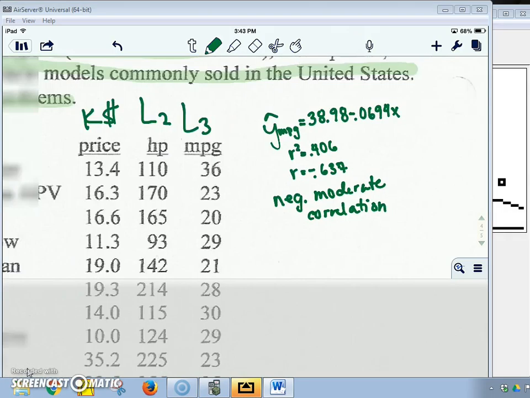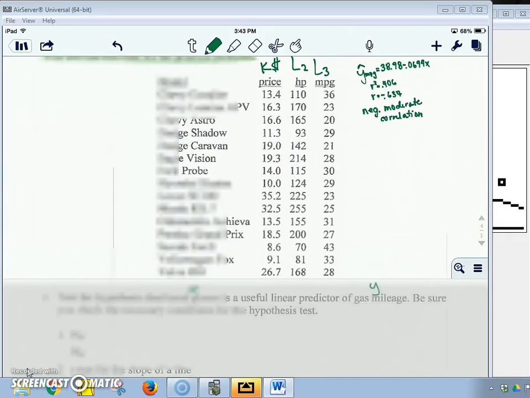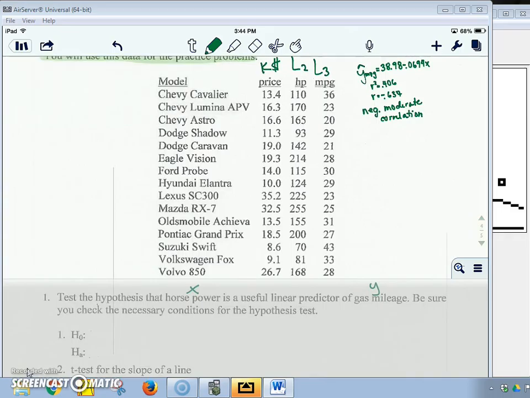Okay. Now let's look at it. So we're assuming that really there's no correlation, and that any slope we see is just based off of sampling variability, and we just happened to pick some cars that appeared like the slope was going down.